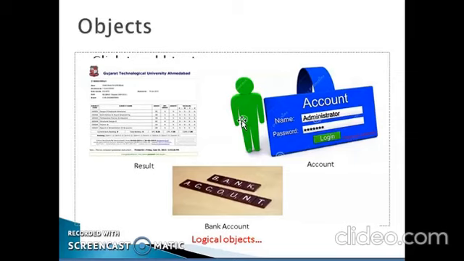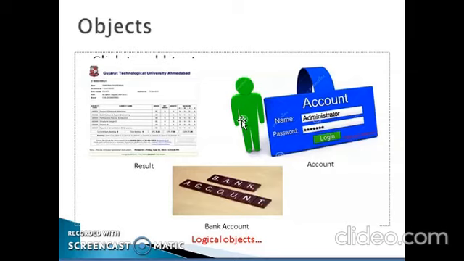When I'm trying to solve the problem using an object-oriented programming language, I solve it using the concept of objects. But if I am using a structural programming language like C, I solve the problem using the concept of functions.